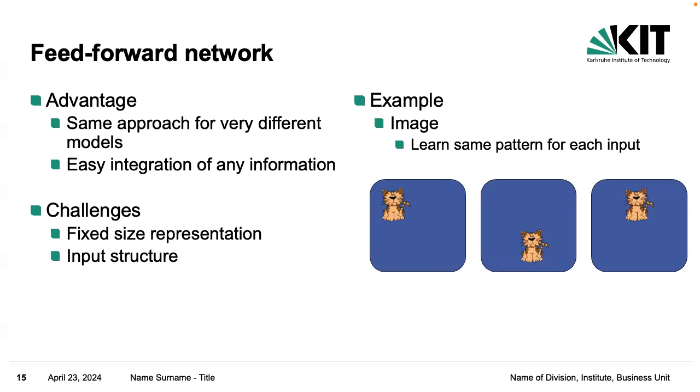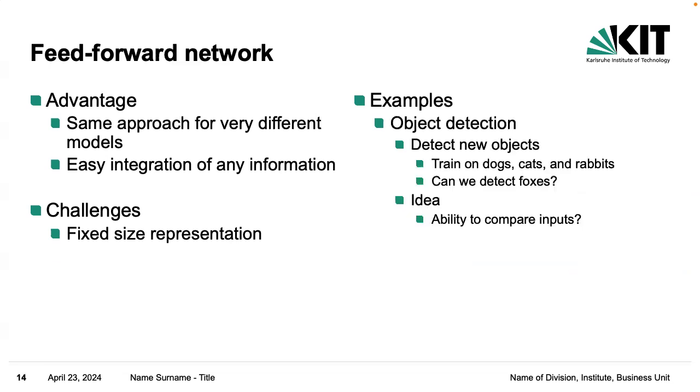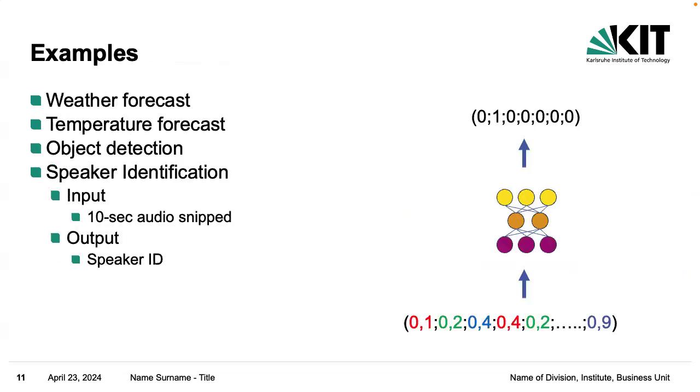And you cannot learn once that if two are next to each other, then this structure is somehow a cat. If you have to learn it individually for each position, that of course is not very efficient, and it's not easy to learn. There is no real order in our representation.